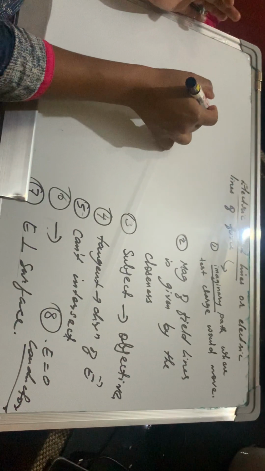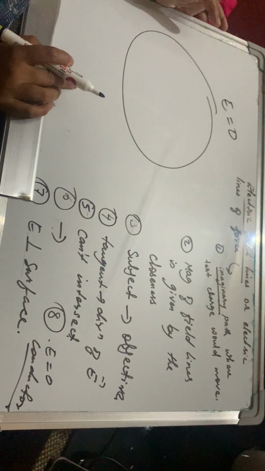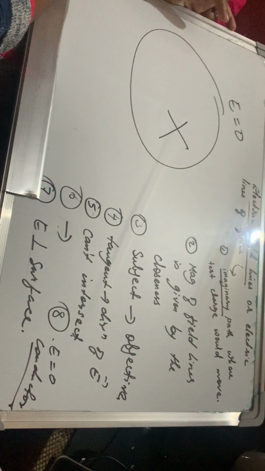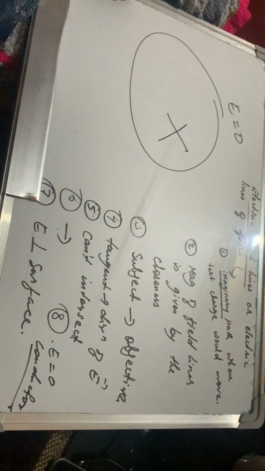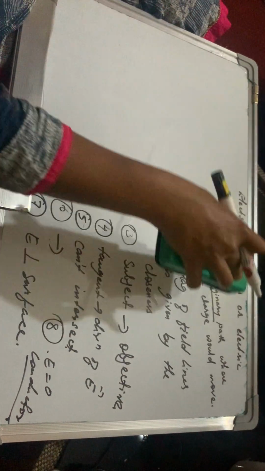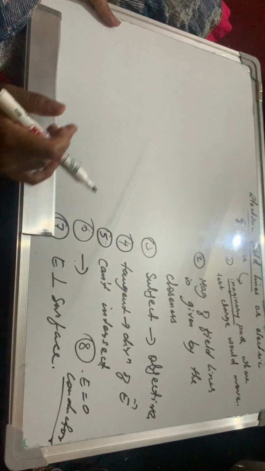Suppose in this region the electric field is 0, will there be field lines? No, there will not be, because the test charge will not move as there is no effect.